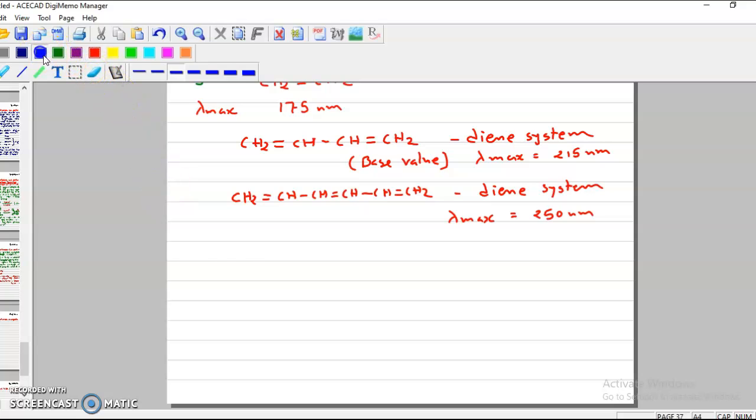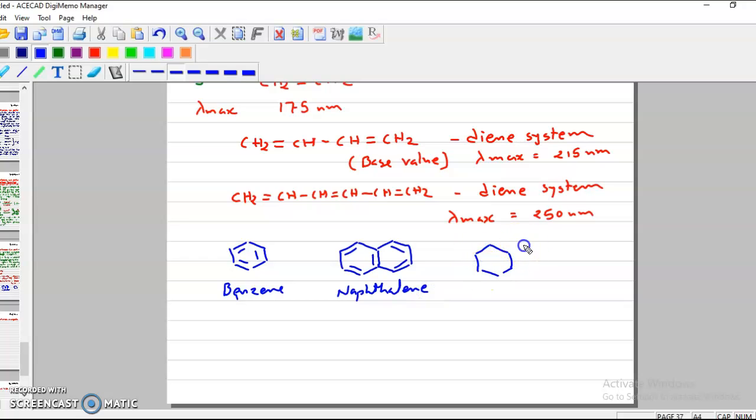Similarly, if we see aromatic systems, this is benzene. It has three alternate pi bonds. Then we can take naphthalene, which has five alternate pi bonds. And we can take anthracene with three rings, and it has seven alternate pi bonds.